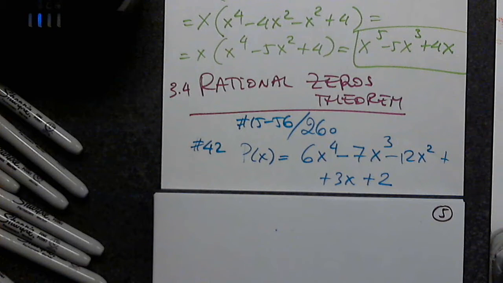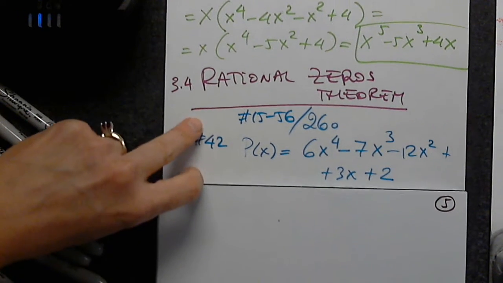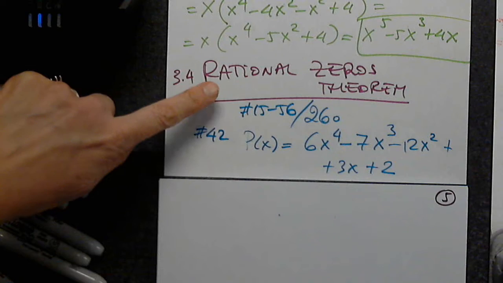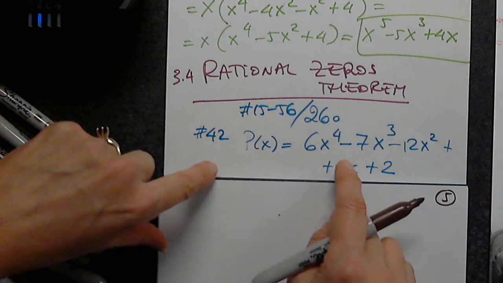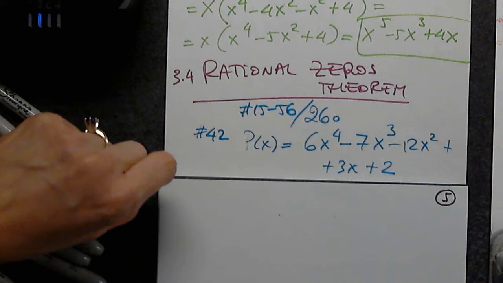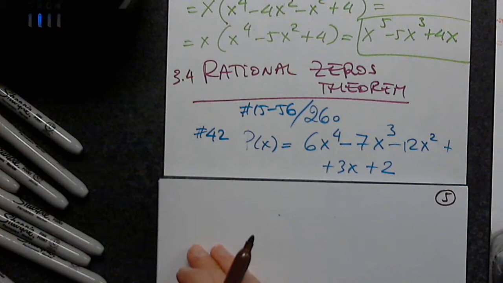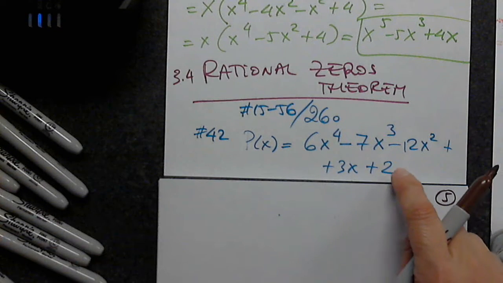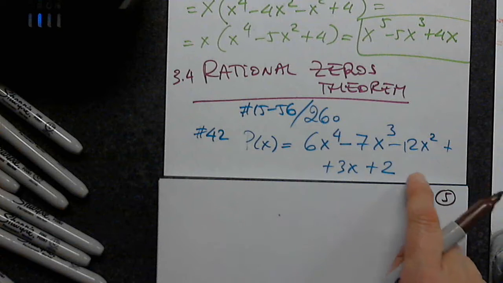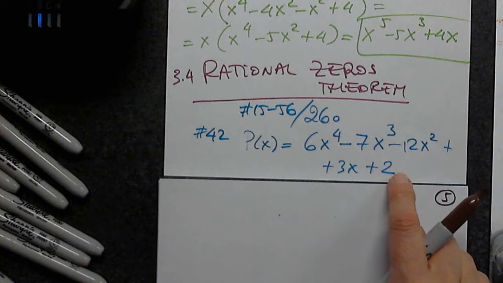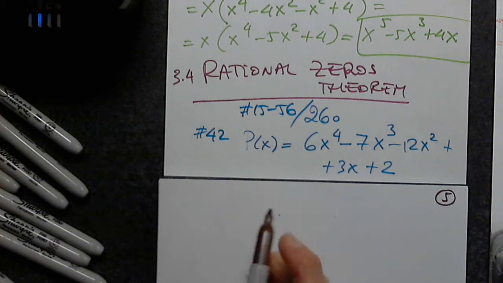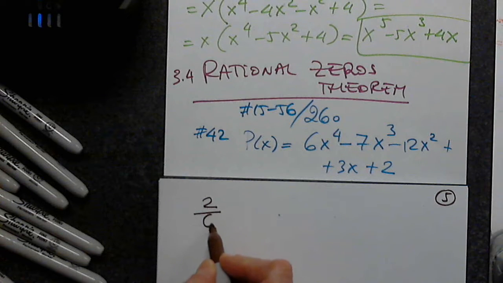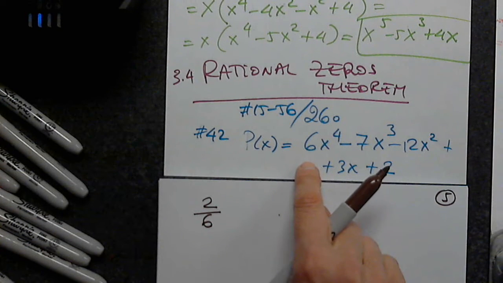So if this polynomial has rational zeros, that's the theorem, they will be on the following list. The last coefficient, of course in descending order, over the first coefficient. So 2 over 6. I looked at 2 and I looked at 6.